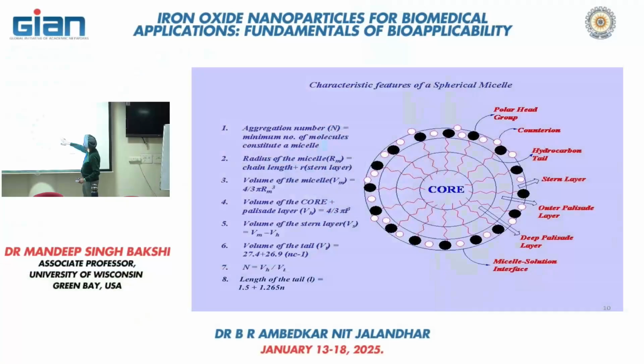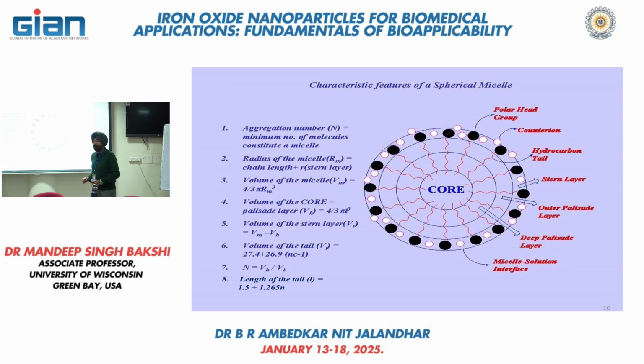So therefore you can divide it further. Now the second region is the outer palisade layer. The outer palisade layer is predominantly influenced by the head groups. You see, this methylene group, this methylene group, this methylene group. It means the first 2 methylene groups are completely influenced by the polar head group, so they still possess a certain amount of polarity.